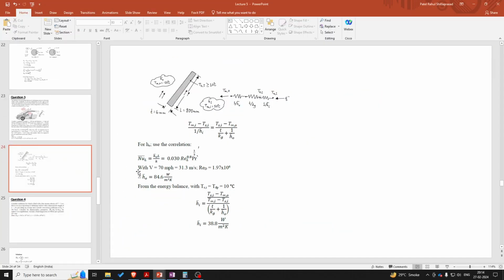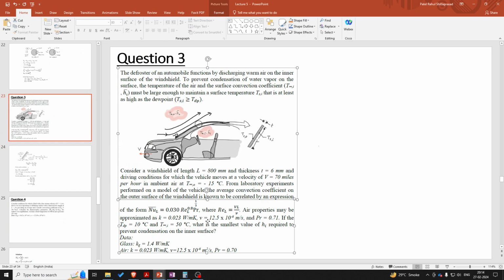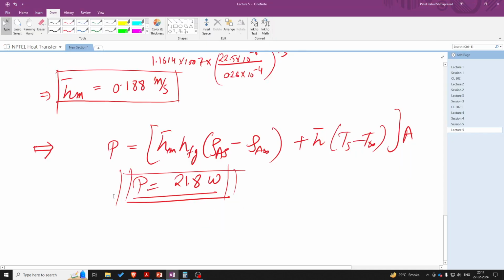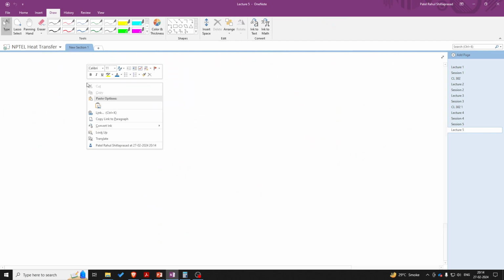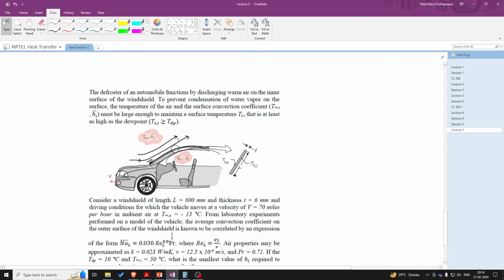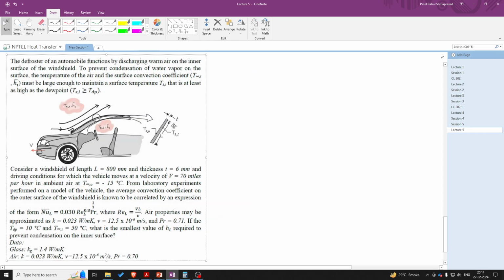If you just draw a resistance diagram for this entire system, you will get a clearer idea as to how to find this hi. So let's just consider this as the front glass of the automobile.